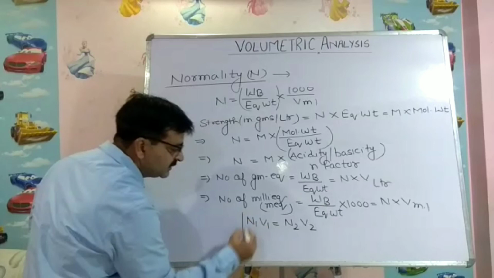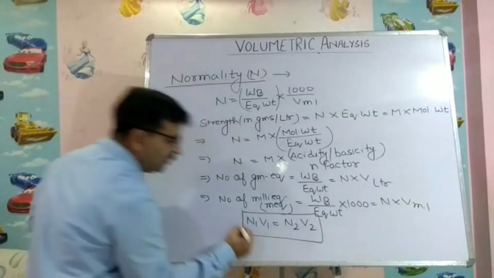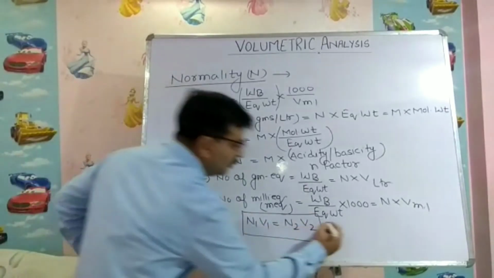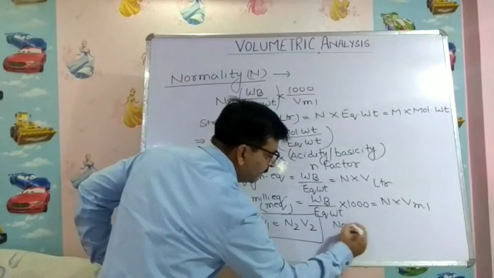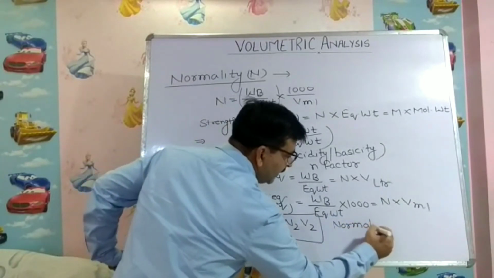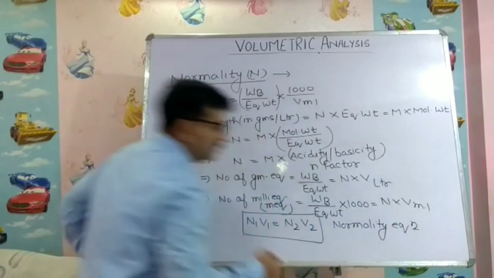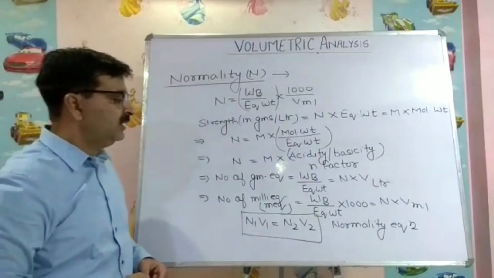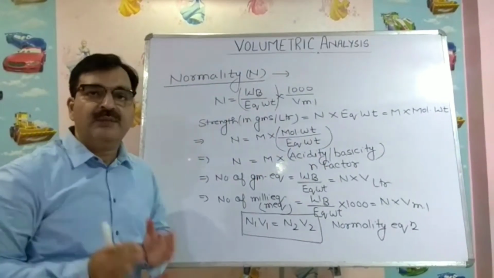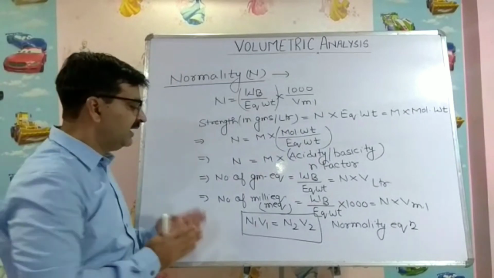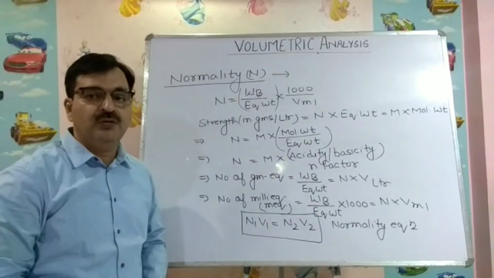This is termed as normality equation. Just like the molarity equation or dilution formula, here we have the normality equation. So this normality equation is actually the law of chemical equivalence, that is N1 V1 is equal to N2 V2.